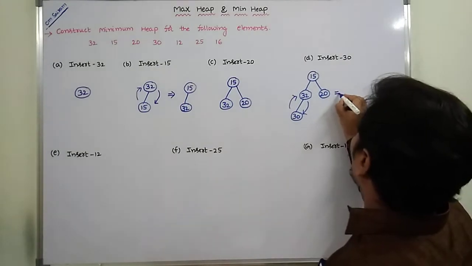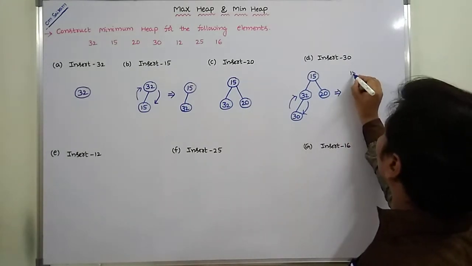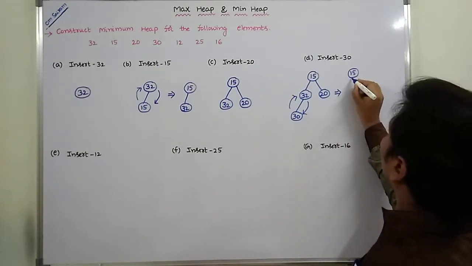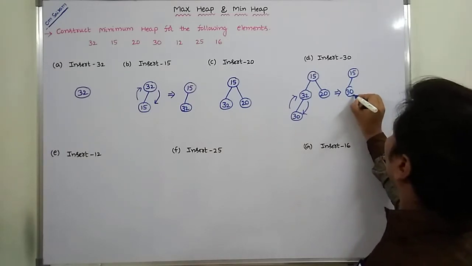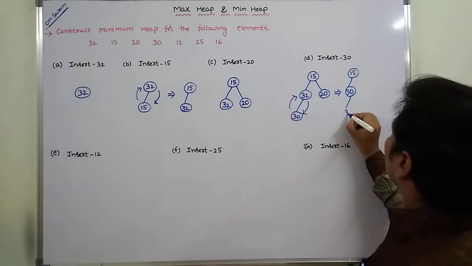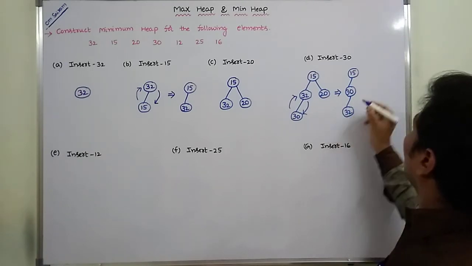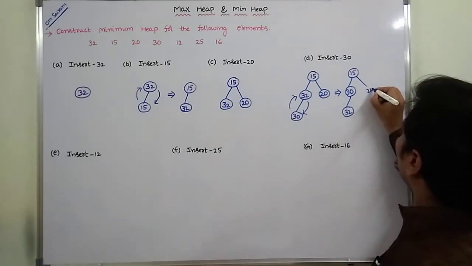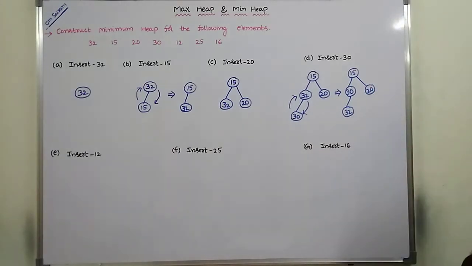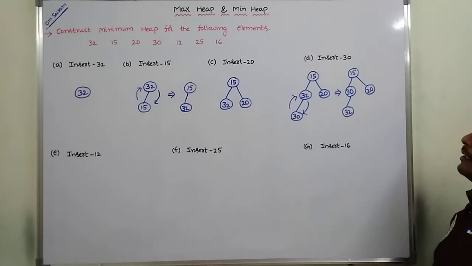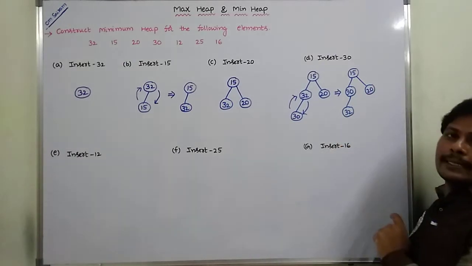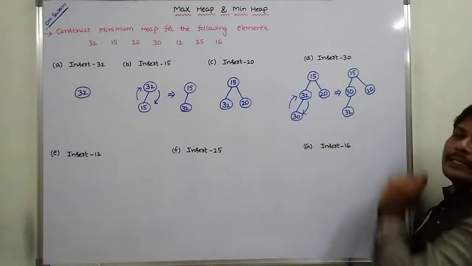After swapping, we get 15, and here this is 30, here this is 32, and here this is 20. Now we have to check whether it satisfies the minimum heap property or not. 32's parent is 30, and 30 is less than 32.